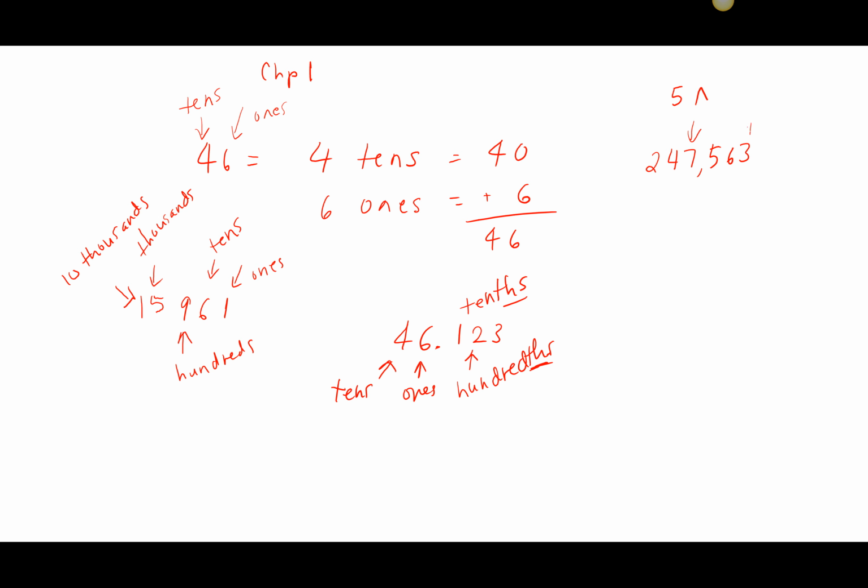Because this is ones, this is tens, this is hundreds, and this is thousands. So if we're going to round it to the nearest thousand, we have to look at the number to the right. Well, that number's a 5, so we would round that up. So to the nearest thousand, this would be 248,000.